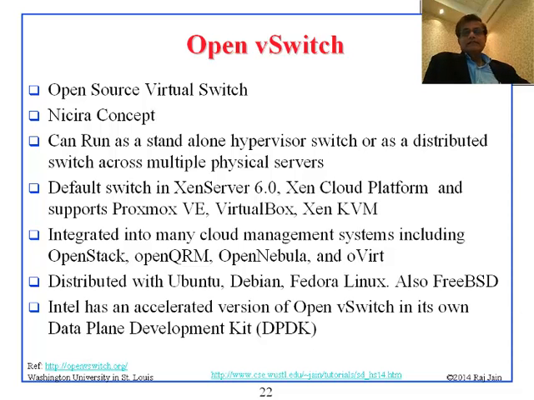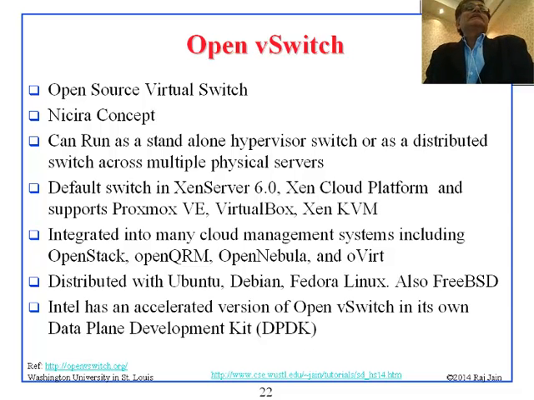And it can run inside a hypervisor, it can run by itself, it can run as a distributed switch around multiple servers, and it is a default switch in every cloud computing stack that we know of. It is in Xen Server, Xen Cloud Platform, Proxmox, VirtualBox, KVM, OpenStack, OpenQRM, OpenNebula, OpenWorld. If you know any of these names of cloud management systems, they all use this right now.